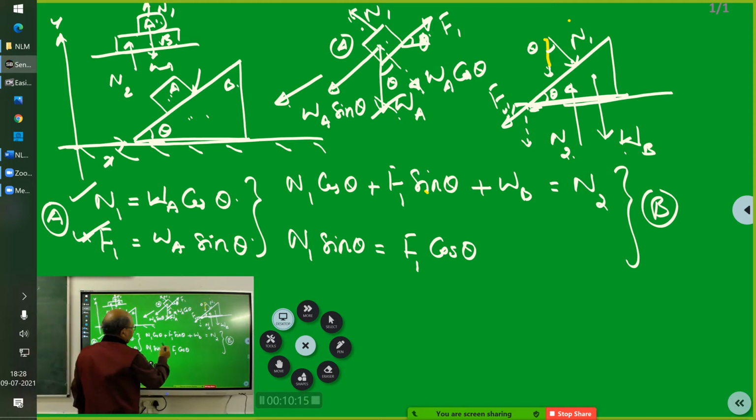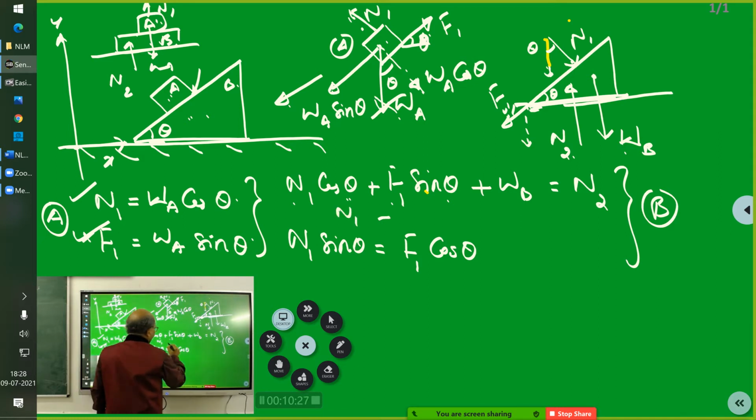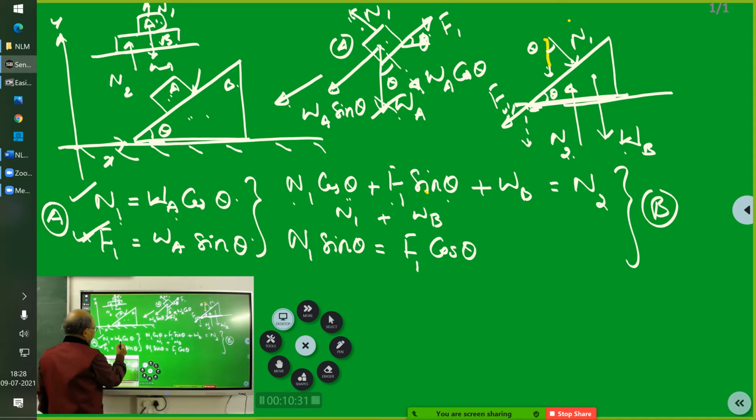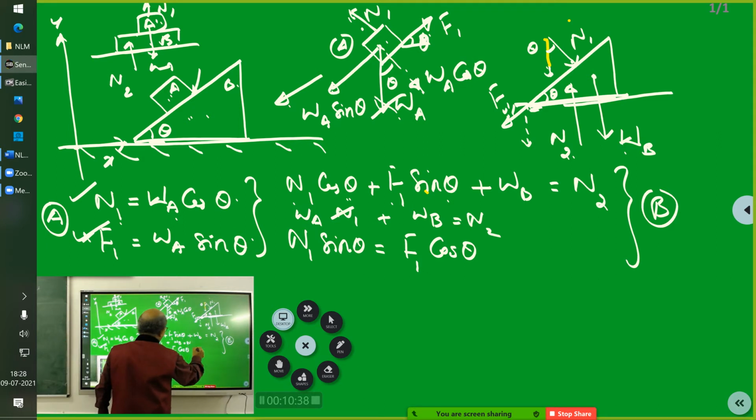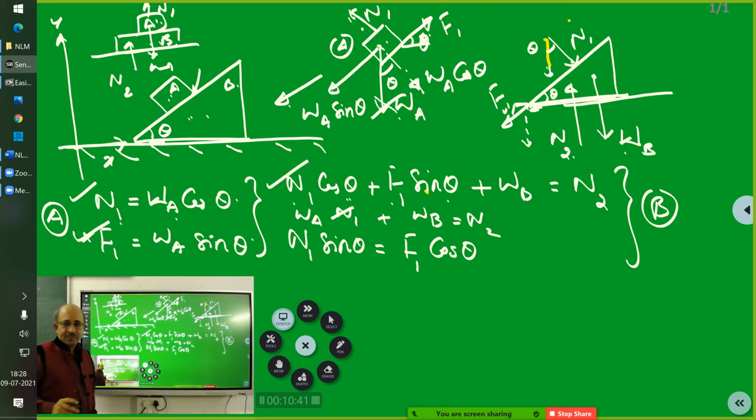If you put theta equal to 0, this will become N1, and F1 vanishes. So you will get N1 plus WB. But you have just now proved that N1 is equal to WA. So you get WA plus WB equal to N2. So this equation is also verified.